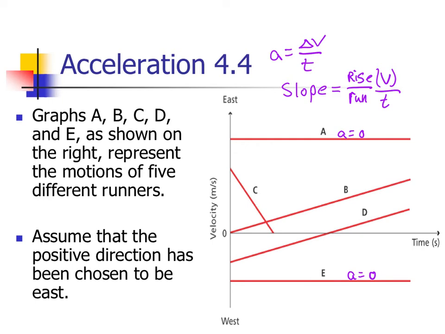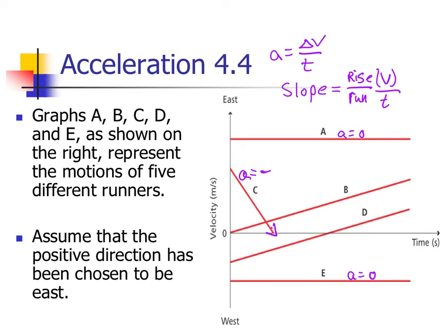Now that just means that the velocity is constant, meaning there's no change in the acceleration. Now line C has a negative value because it's pointing down. It's a negative acceleration.